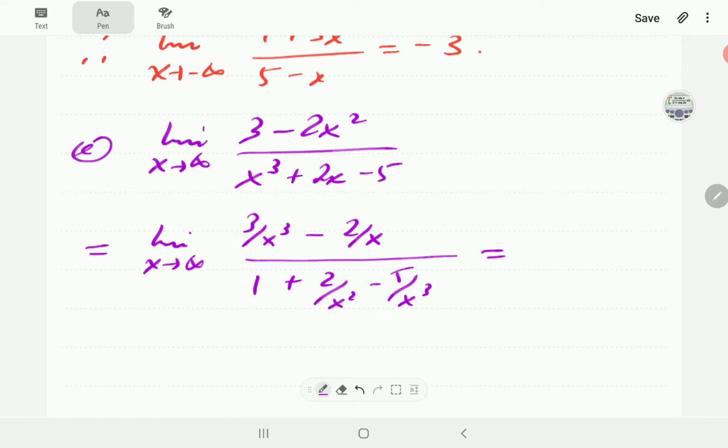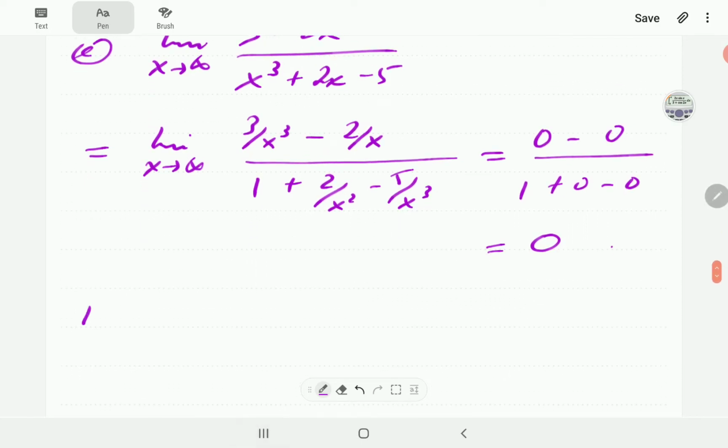Then, as x goes to infinity, all reciprocal powers go to 0. So the numerator is going to be 0 minus 0. The denominator is going to be 1 plus 0 minus 0. This thing is going to work out to 0.